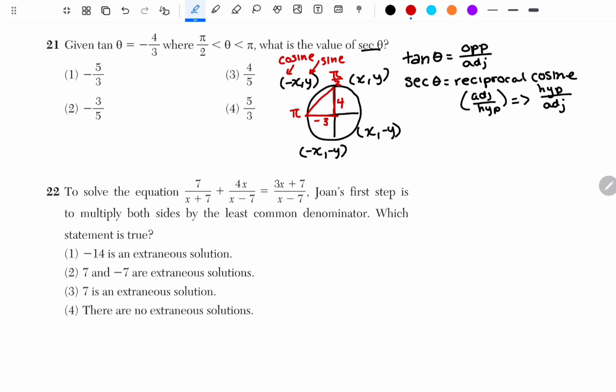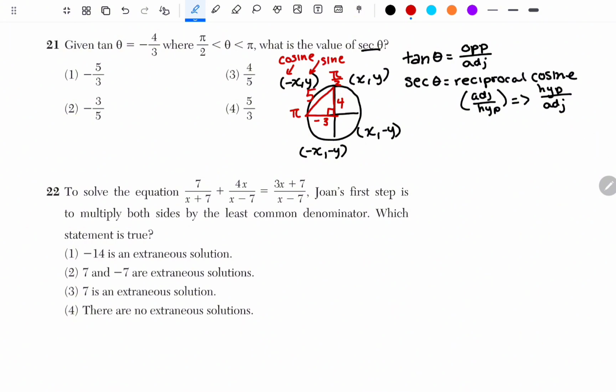And that tells us that the adjacent side of tan theta is going to be negative 3, and the opposite is going to be 4. And given this, and we know that it's a right triangle, we can find our hypotenuse. We should know that this is a 3, 4, 5 triangle, so our hypotenuse is going to be 5.